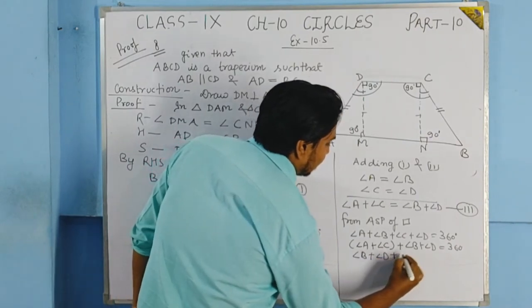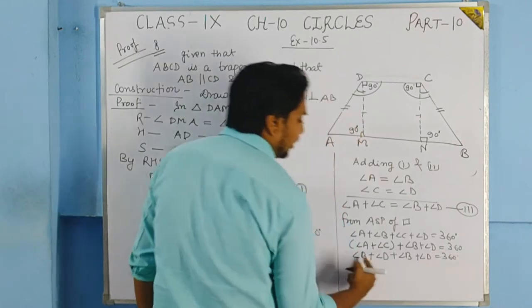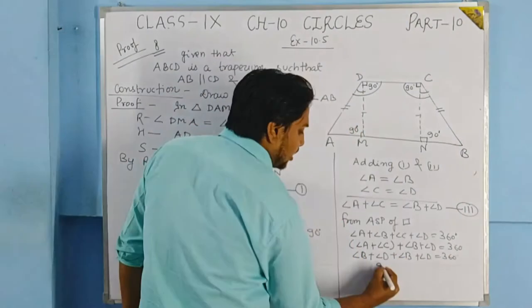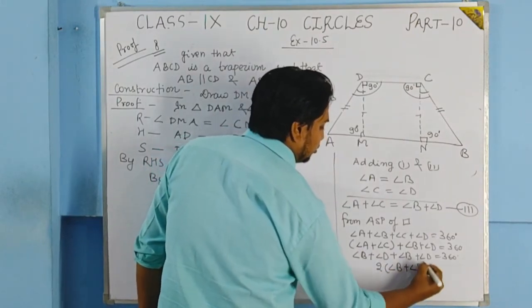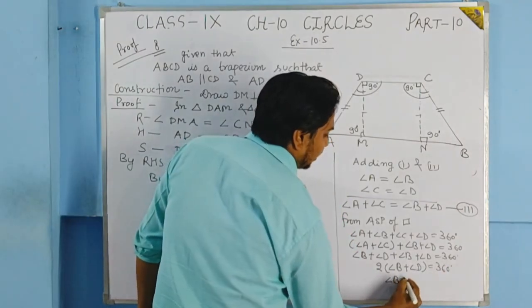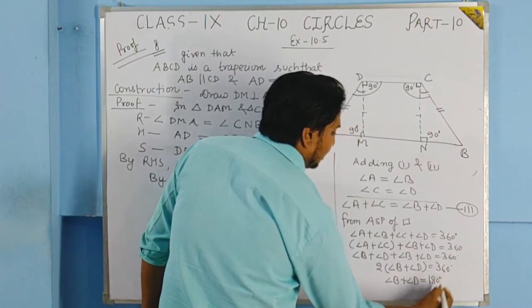So angle B plus angle D plus angle B plus angle D is equal to 360 degree. Now angle B is 2 times, angle D is 2 times. So angle B plus angle D, it is 2 times, it is 360 degree. So at last you will get that angle B plus angle D is equal to 180 degree.